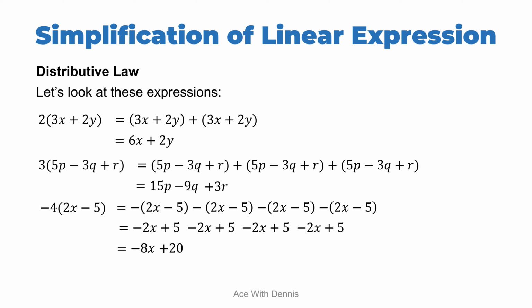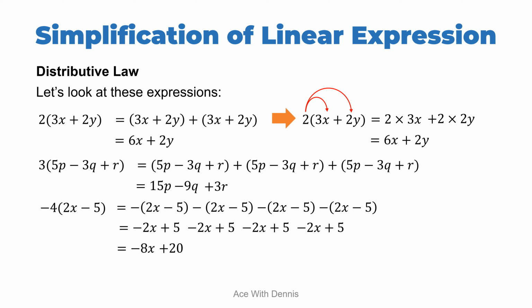So from the first example, as you can see, 2 times (3x plus 2y), we can apply the distributive law, or just like a rainbow method. So 2 times 3x plus 2 times 2y, we have 6x plus 4y. Similarly, for the second example, 3 times 5p, we get 15p.